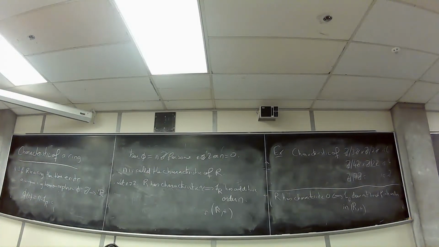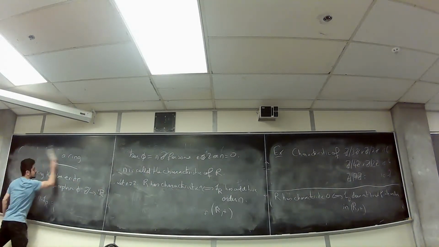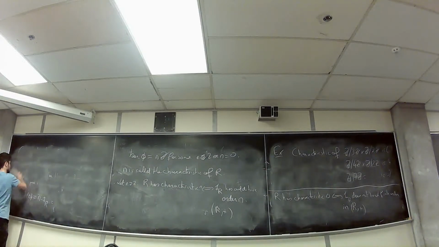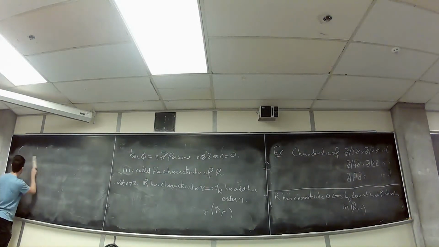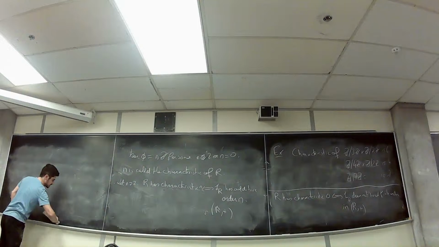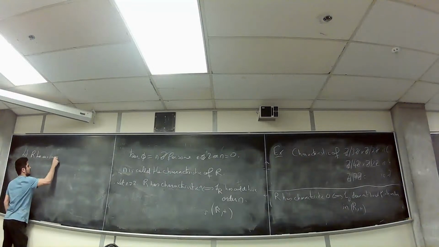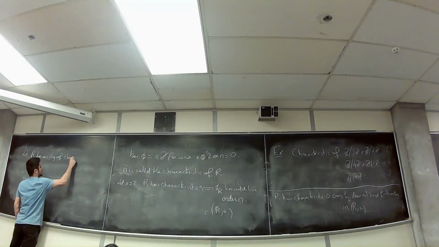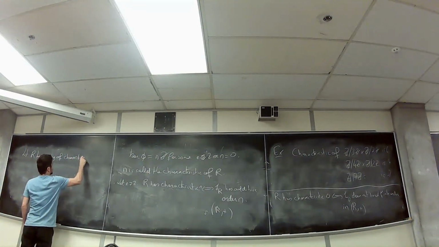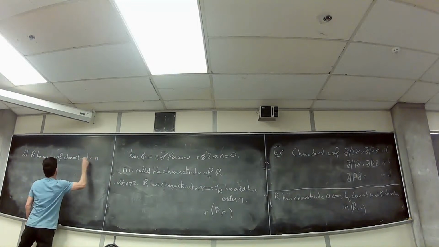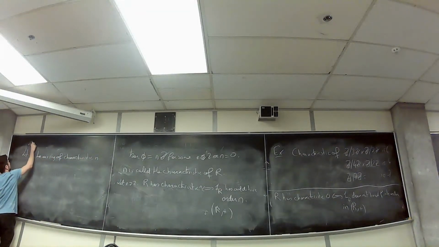What's an important theorem? Let R be a ring of characteristic n.